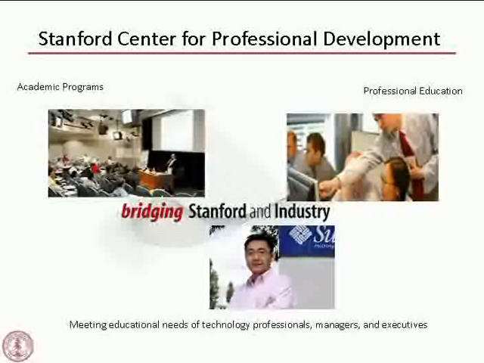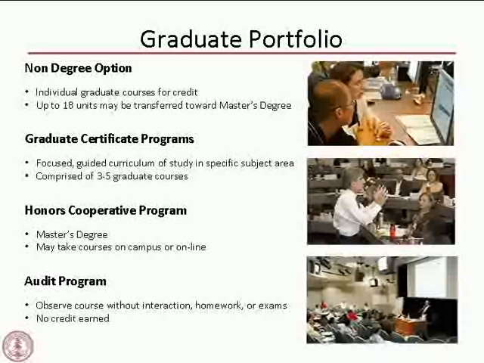SCPD's portfolio is outlined here on this slide. We offer graduate programs, the first of which identified here is the non-degree option, where students can take individual courses on a quarter-by-quarter basis for Stanford University credit. Many of the students who participate in this category can accumulate up to 18 units and get a very good sense of how courses and offerings are in a specific department.